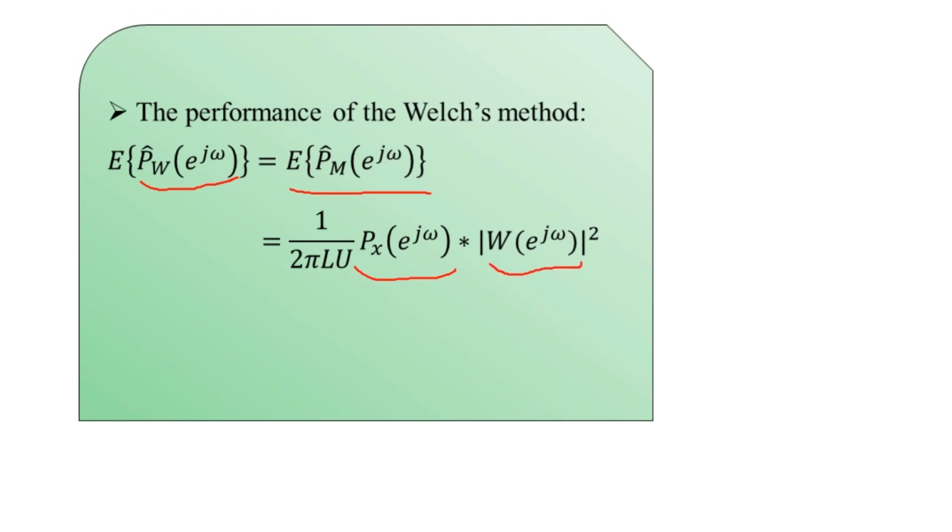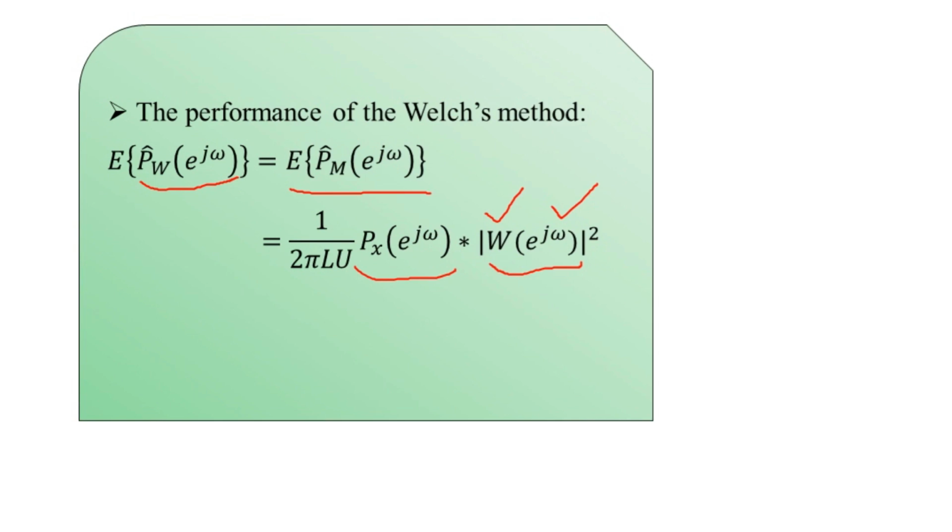Here W as a function of e to the power j omega is basically the Fourier transform. We have already discussed it in the previous techniques. It is the Fourier transformation in the frequency domain representation, and this is for the modified periodograms.